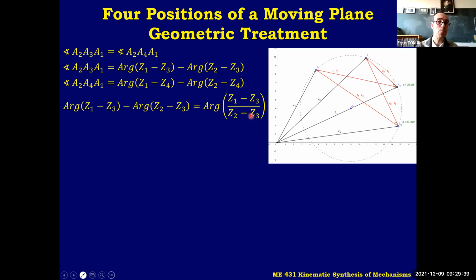Okay? So I can express this angle as argument of that. And similarly, I can apply the same thing to this angle, A2, A4, A1. So it becomes this. Okay, still it's not very handy.